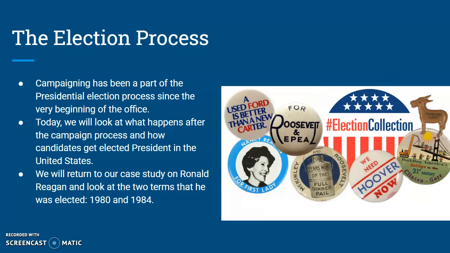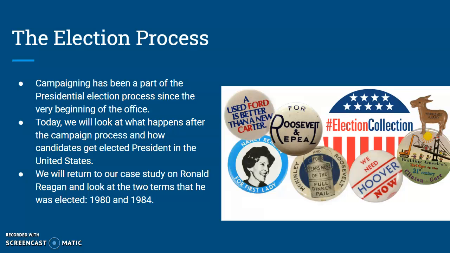All right. So, for the election process, you guys started with an activity today on campaigning. You looked at a campaign video from Reagan's run for re-election in 1984. Campaigning has been a part of the presidential election process since the very beginning of the office. People run to be president and they spend lots of money on election campaigns to get voted into office.